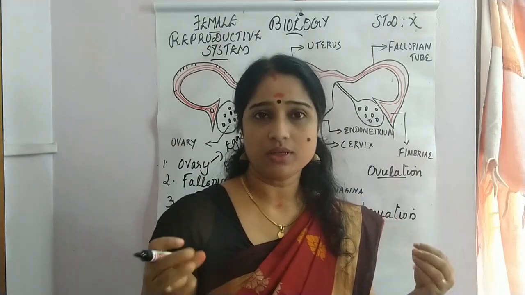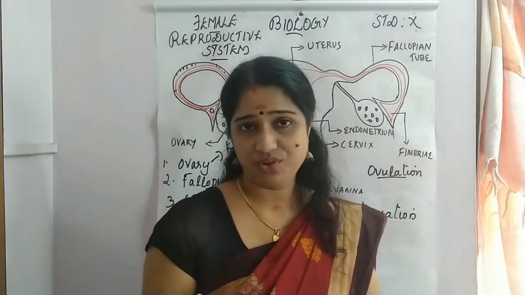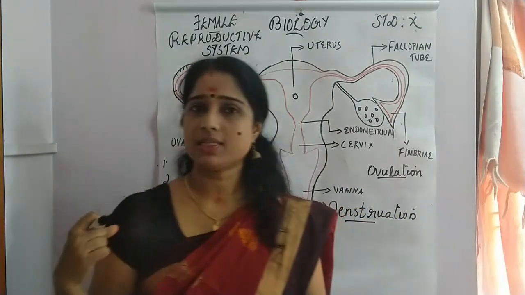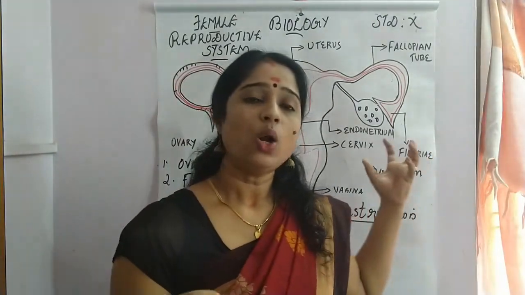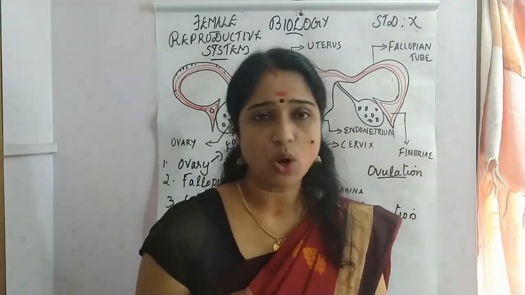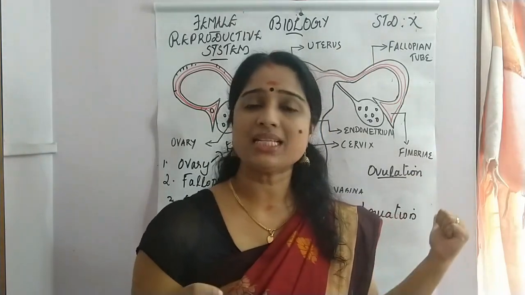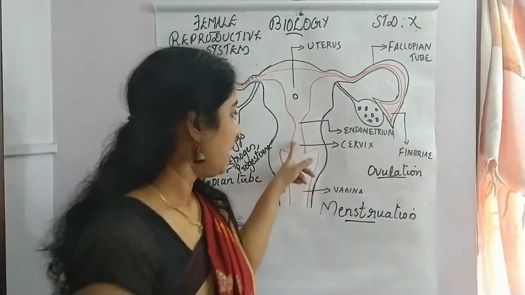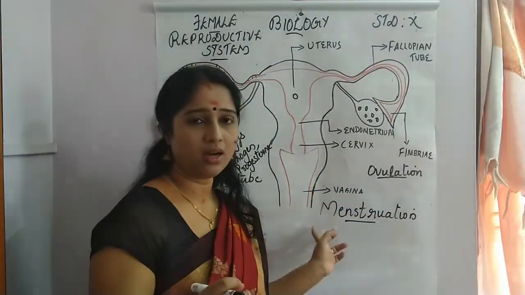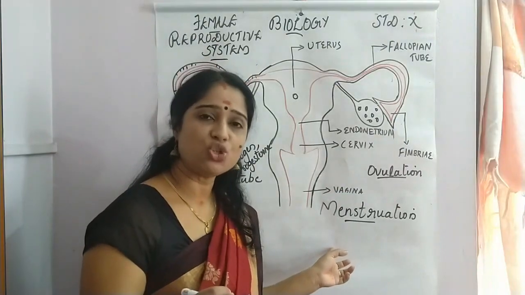The inner lining of the uterus, this endometrium, is richly supplied with blood vessels. These blood vessels get burst, and along with the egg, the blood vessels get broken down. Even though the egg is a microscopic structure, the egg also gets burst. It comes out through the vagina, and that is known as menstruation.